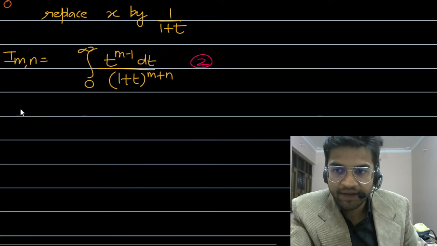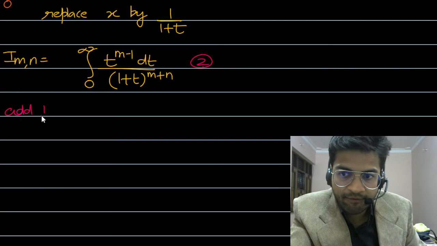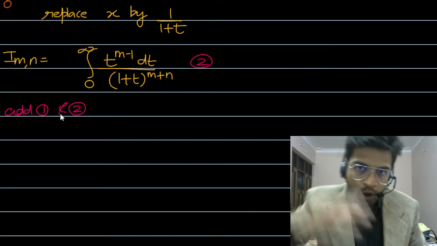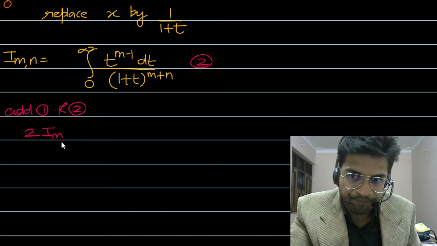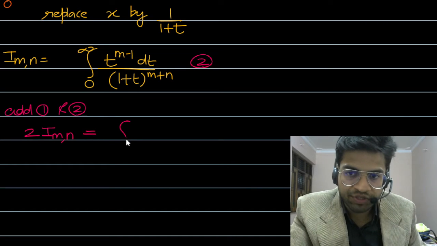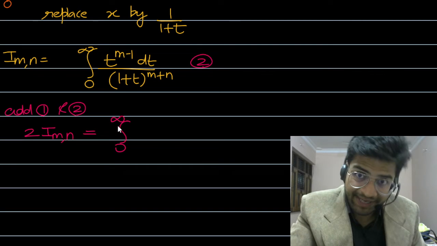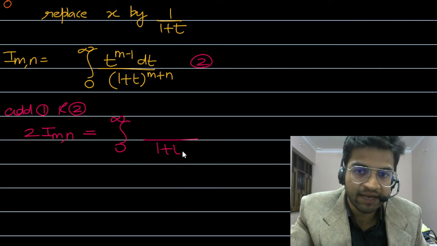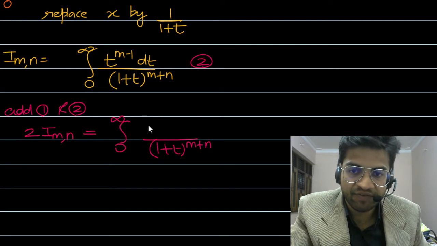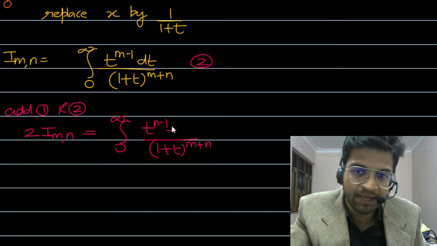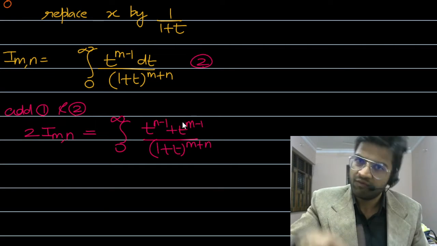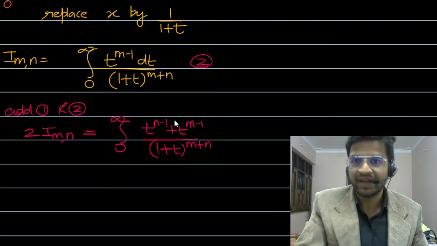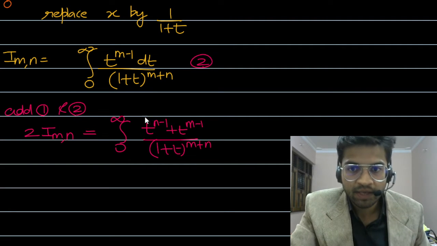So adding first and second, on the left side you will get 2 into I mn equal to the integral from 0 to infinity, the limit is the same, the denominator is also the same, 1 plus t to the power m plus n, and we have t to the power n minus 1 plus t to the power m minus 1. Again, there is no issue of variable, whether you write t or x, it doesn't matter, into dt.